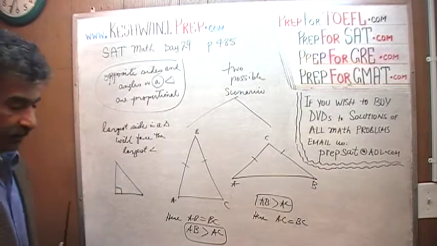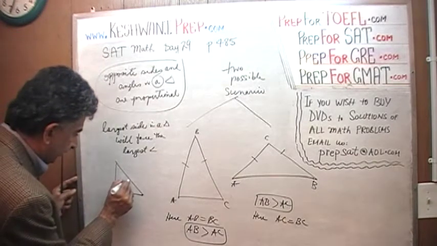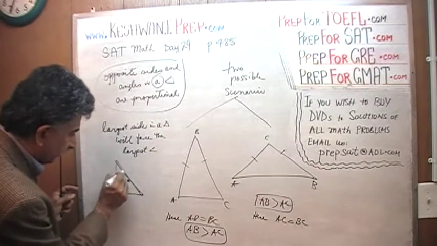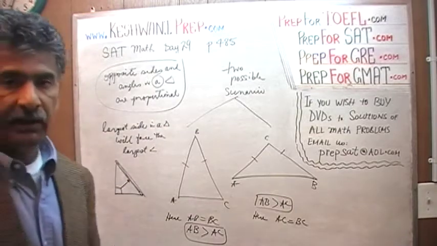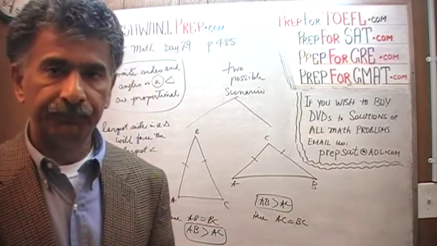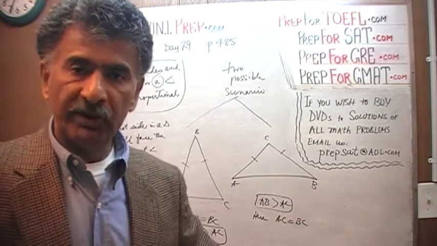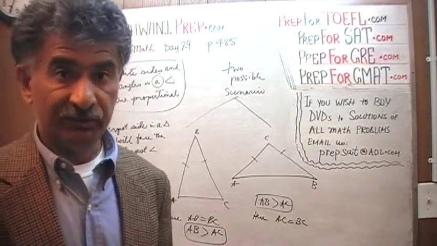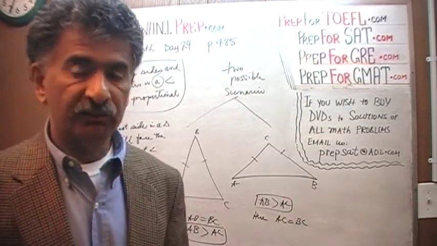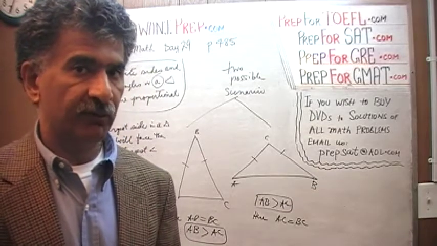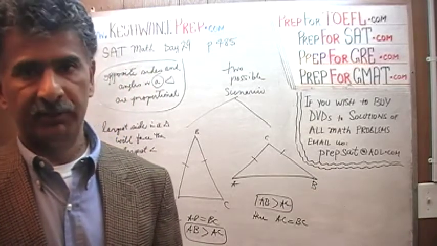Therefore the side facing the 90 degree, which is the hypotenuse, is always the longest side. Why is that the longest side? Because it faces the largest angle. And the smallest side in a triangle will always face the smallest angle. That's the concept that they're testing here.